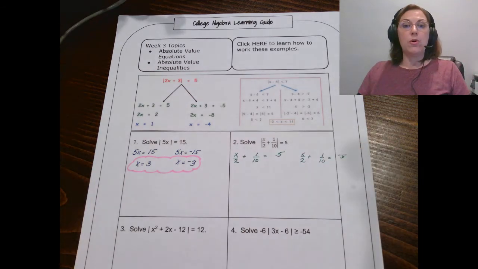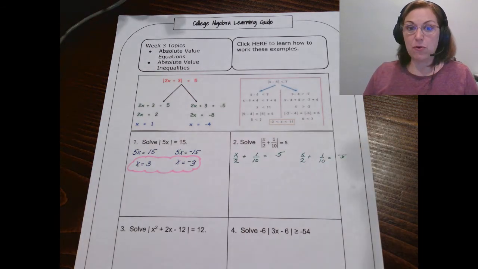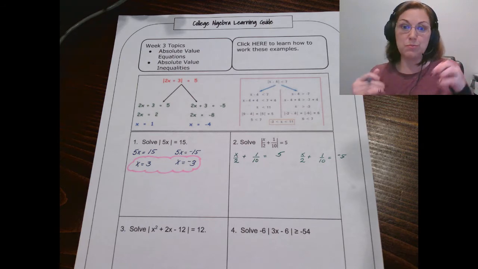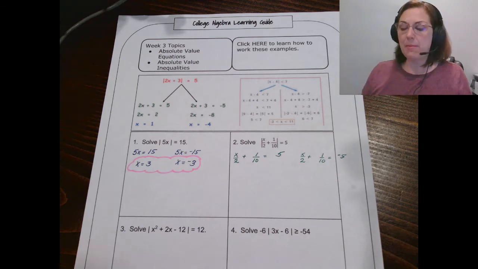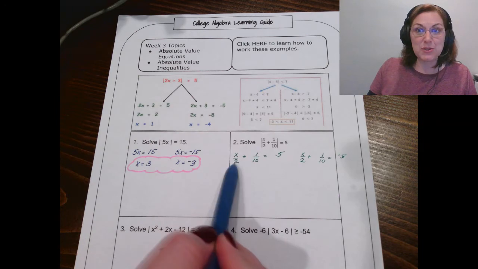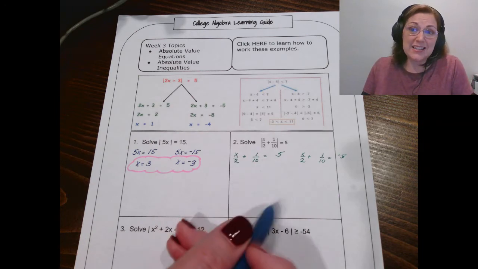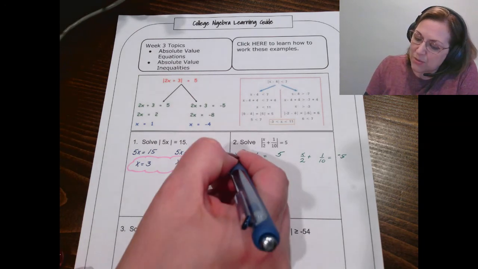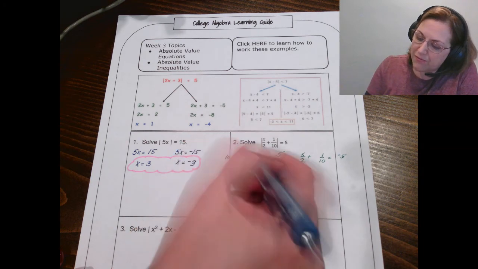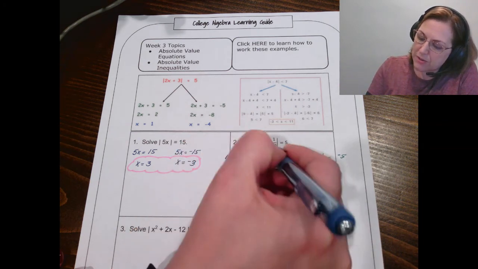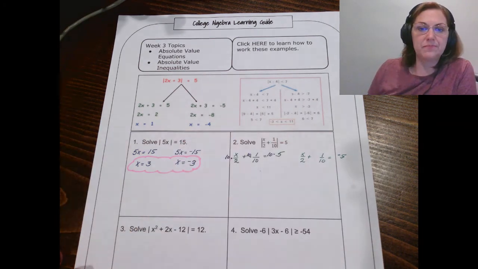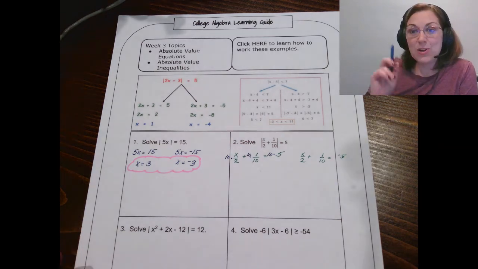Now, if you've seen any of my videos before, I actually teach you to multiply by the common denominator. So the common denominator between 2 and 10 is actually 10. So what I do is I multiply each of the terms by 10. Here's what happens.